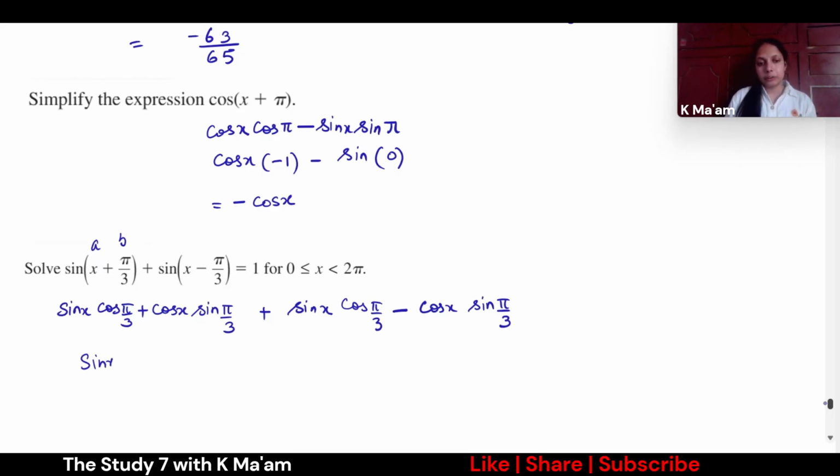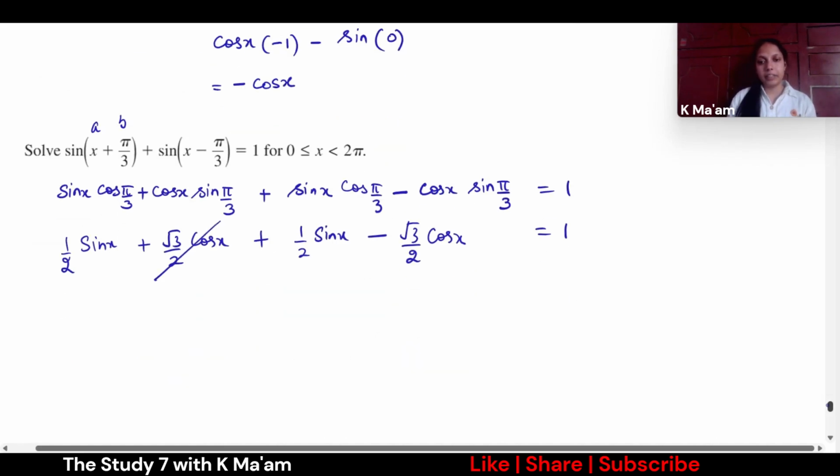Sin x as it is. What is the cos pi by 3? 1 by 2. What is the sin pi by 3? Square root 3 by 2. Cos pi by 3, 1 by 2. Sin pi by 3, square root 3 by 2. Cos x as it is. Equals 1.